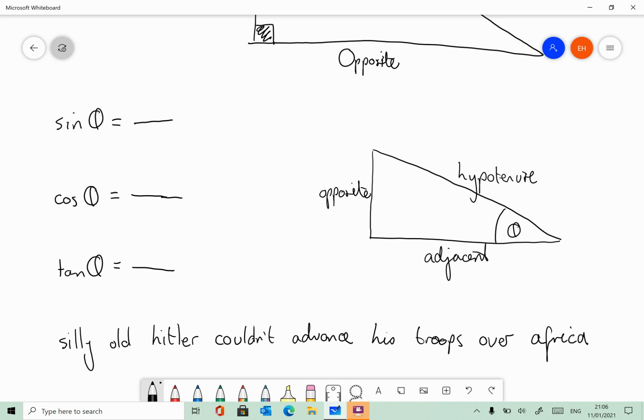Okay, so silly old Hitler, therefore with the S, with the sine, we put in an O and a H. With the C, couldn't, we put in an A and a H. Advance his. With the T for tan, we put in over Africa.